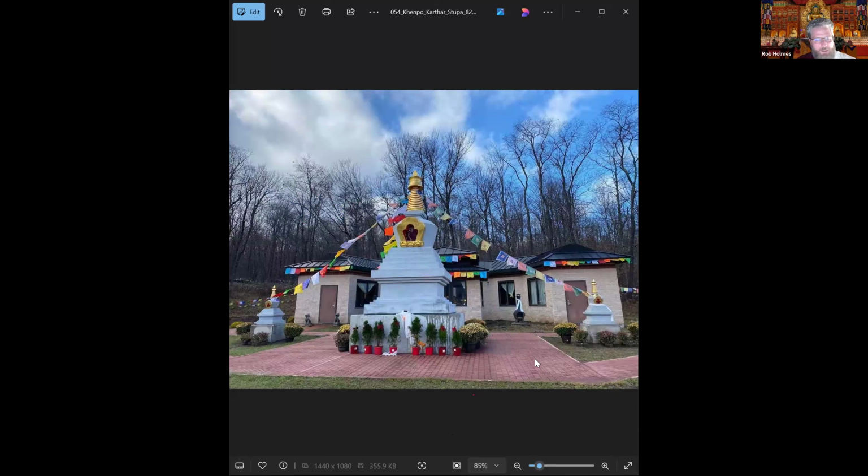If you wanted to be buried here, this is a columbarium, so you can have your ashes entombed there if you wanted to. Essentially, you'd be cremated and stored on sort of Buddhist ground. This is where the retreat center is, so there'd be constant practice there. Just kind of making you aware that it exists.